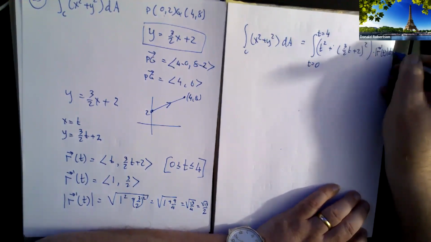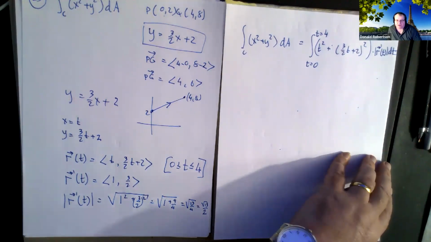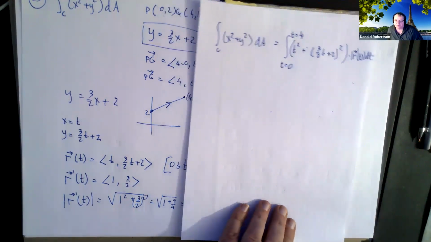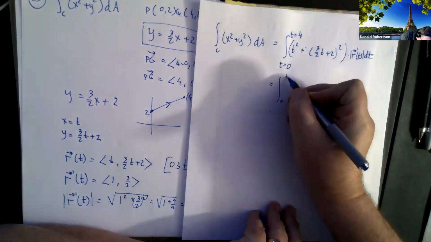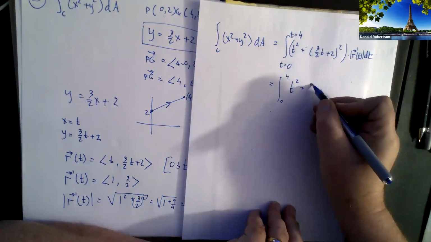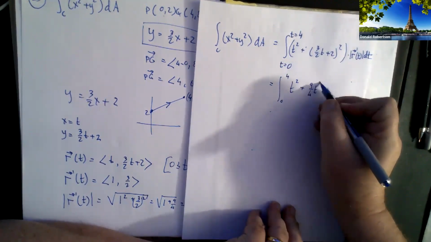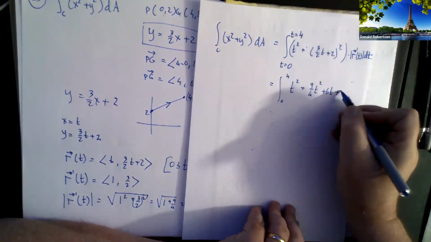And that's basically the formula that converts a line integral into parametric t's, right? It's that guy there. That's 0 and that's 4. This guy is t squared. Square that guy, you get 9 quarter t squared. That times that gets you 3. Eventually you'll get 6t + 4.